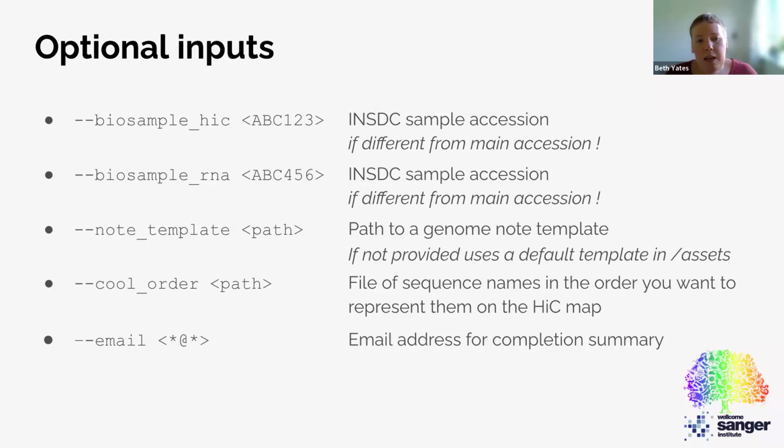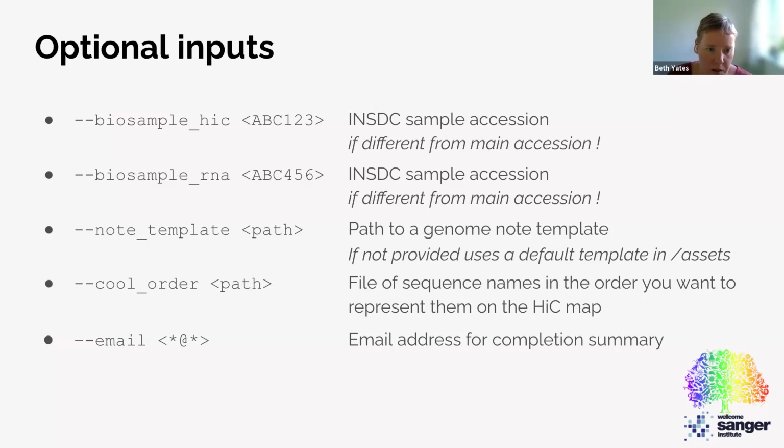What's making the Genome Note automation work is that the pipeline outputs a Genome Note document at the end of it. That's based on a template that's given to the pipeline to begin with. When you want to generate your own Genome Note, you have to work out what you want your Genome Note to look like.